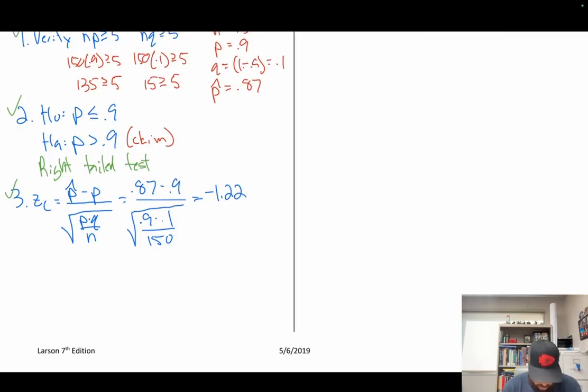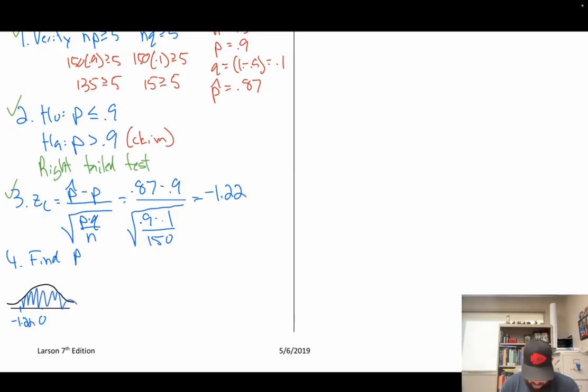All right, so 4, and to find our p, at 0, we're at negative 1.22 here, but we're right-tailed, so we want that side of it.